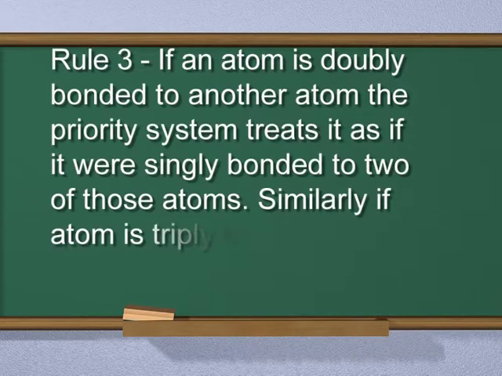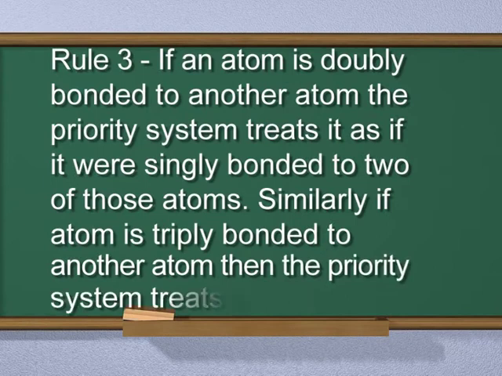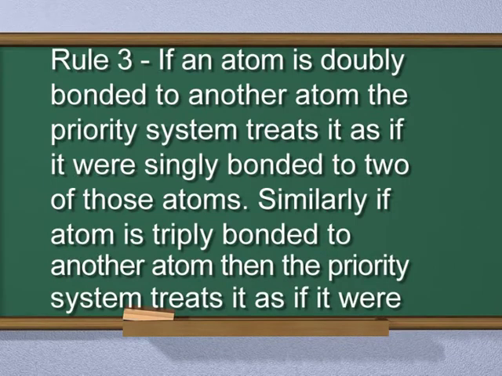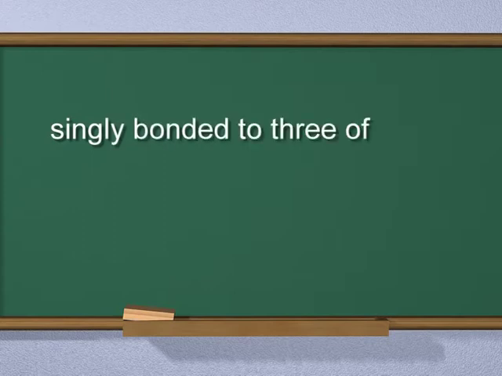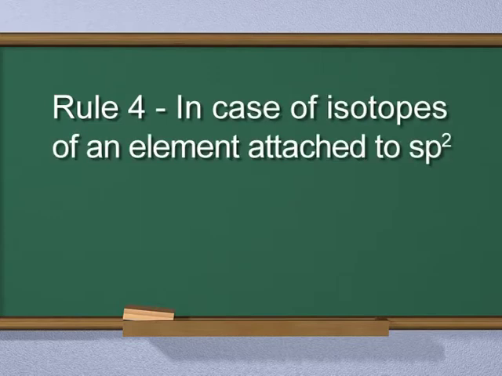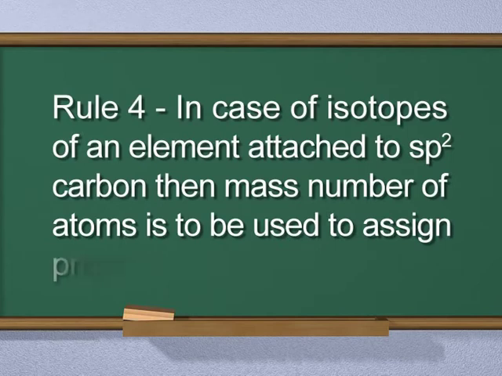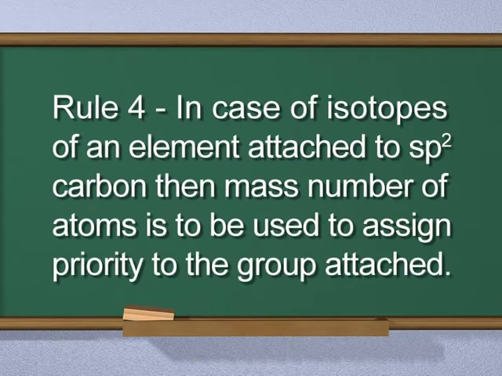Similarly, if atom is triply bonded to another atom, then the priority system treats it as if it were singly bonded to three of those atoms. Rule 4. In case of isotopes of an element attached to sp2 carbon, then mass number of atoms is to be used to assign priority to the group attached.